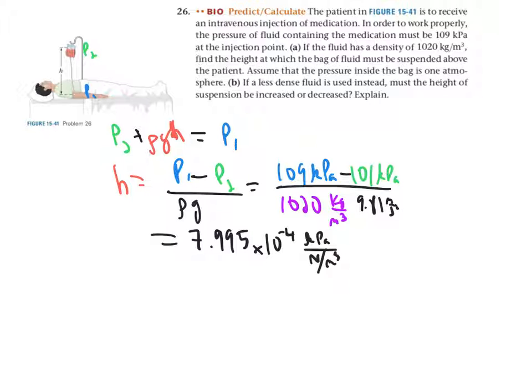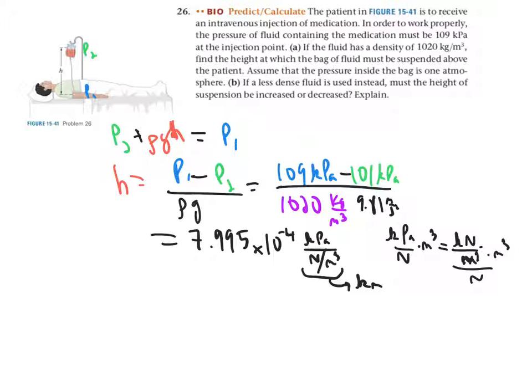So kPa over newtons per meter cubed, and a kilopascal is kilonewtons per meter squared, so we get kilonewtons over newtons times meters. This unit is really kilometers. So it's probably true, but it certainly isn't very useful.